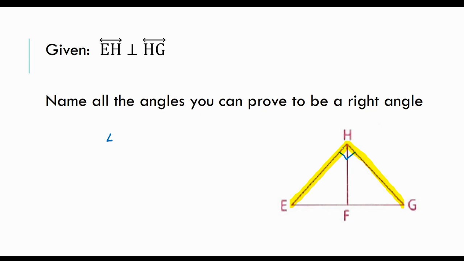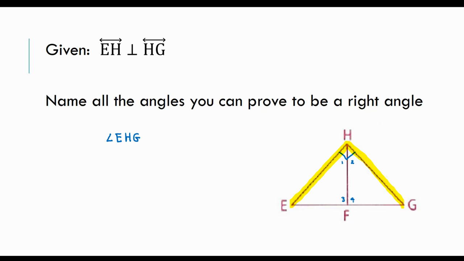So name all the angles to be right angles. Well, I can't just say angle H because I've got 1, 2, and then that really big angle. So there's actually 3 angle H's, so I have to use 3 letters. I'm going to say the angle EHG. I could have switched it around and said angle GHE, but either way, that is the only spot where I see a right angle.